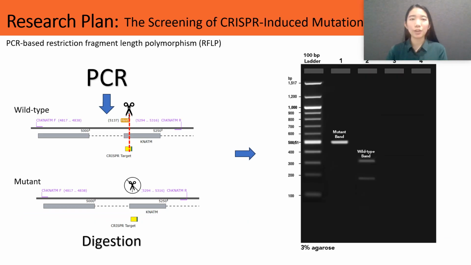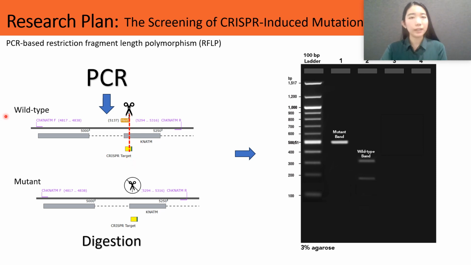Next, the screening of CRISPR-induced mutation, or genotyping, will be done using PCR-based RFLP. The first step is PCR using the NetM primer, followed by digestion using a restriction enzyme. The restriction enzyme has a recognition site inside the CRISPR target.